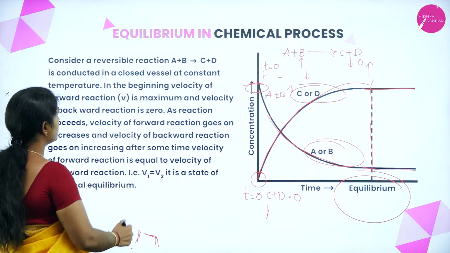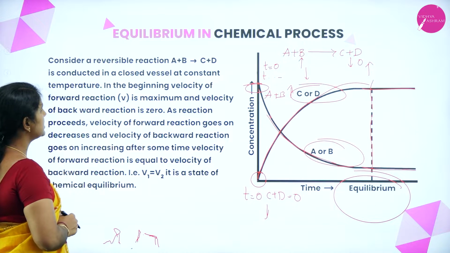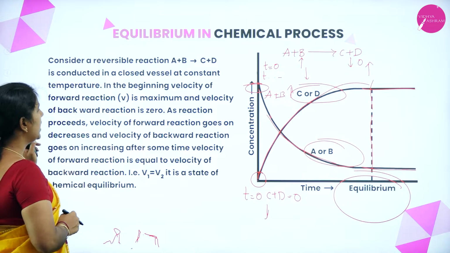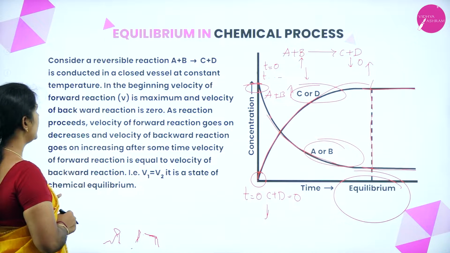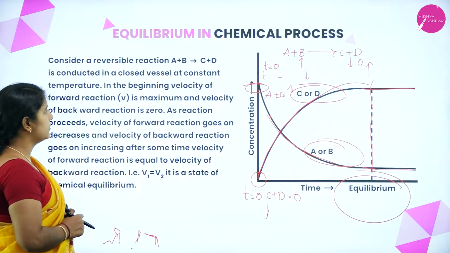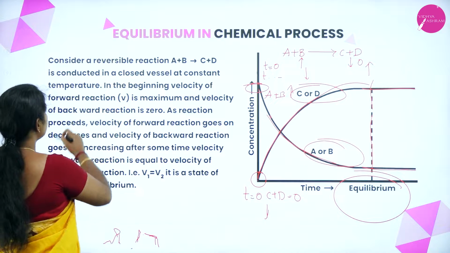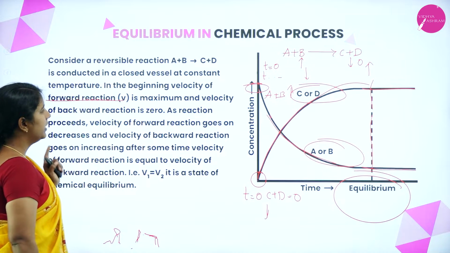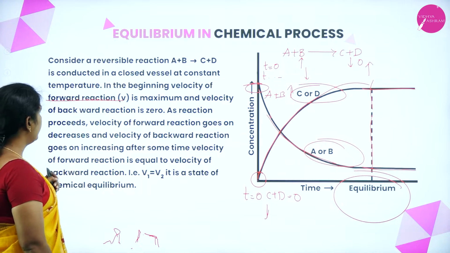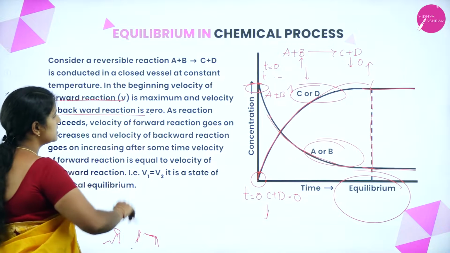Let us consider the reversible reaction A plus B giving rise to C plus D, conducted in a closed vessel at constant temperature. In the beginning, the velocity of the forward reaction is at a maximum and the velocity of the backward reaction is 0.